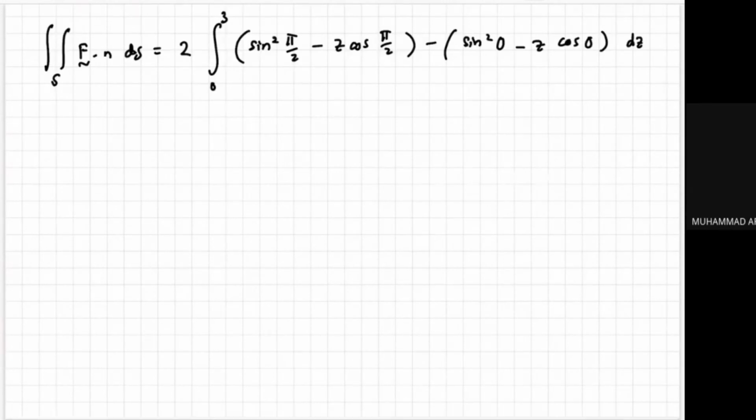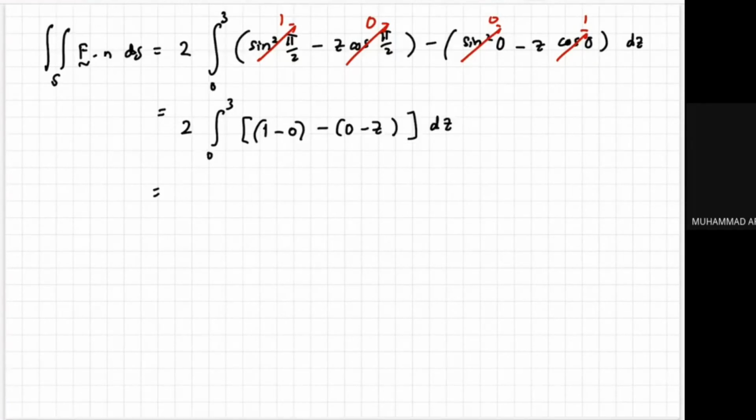This is equal to 1, this is equal to 0, this is equal to 0, and this is equal to 1. So 2 times the integral from 0 to 3 of 1 minus 0, minus 0 minus z, dz, which is 2 plus z dz.